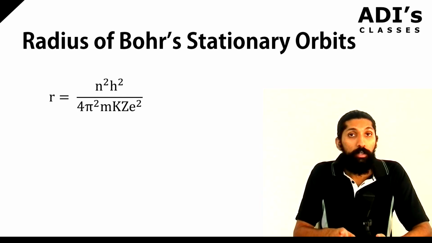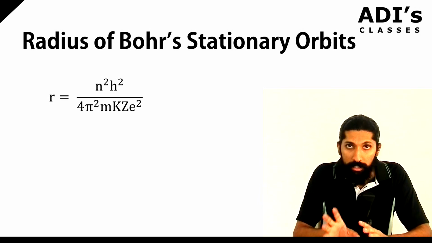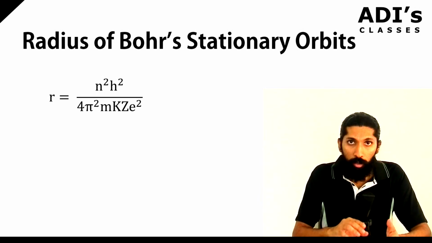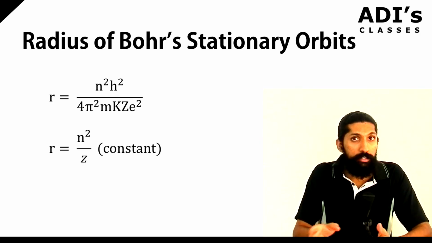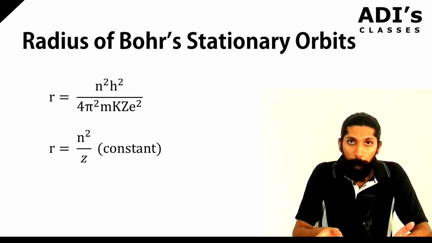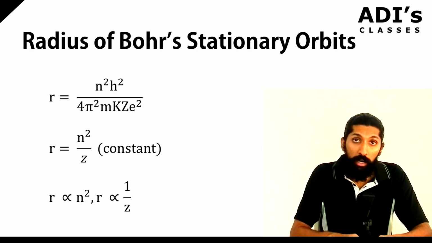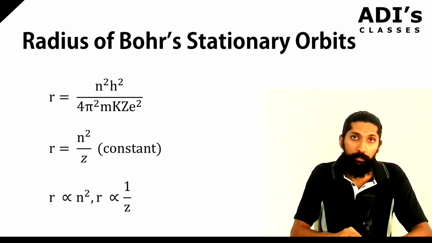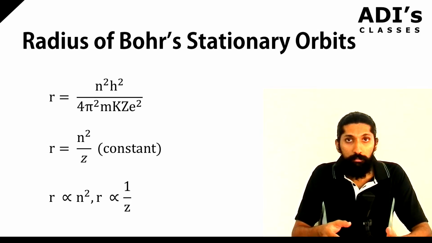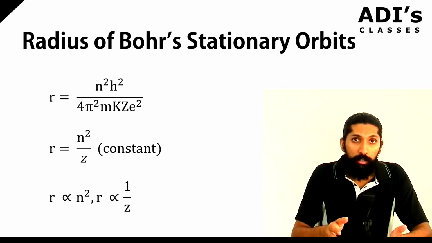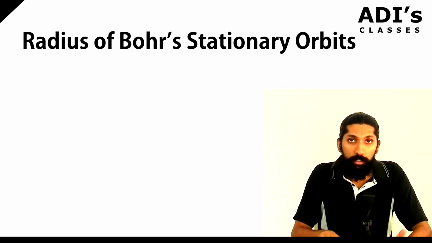Now take that Z and n. If you take n square and Z in the denominator outside, the rest of the value is constant. So what do we get? r is proportional to n square and r is inversely proportional to Z. For the first orbit, second orbit, third orbit, the radii are in the ratio 1 is to 4 is to 9. That is, the orbits are 1, 2, 3, and the radii become 1 is to 4 is to 9.